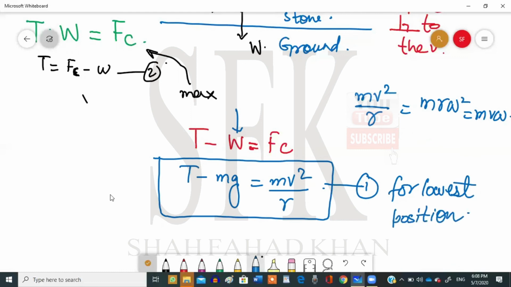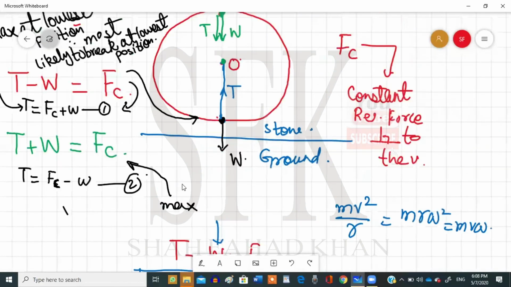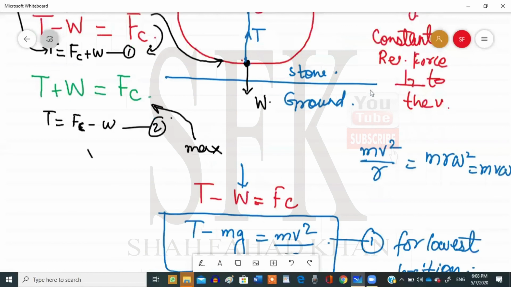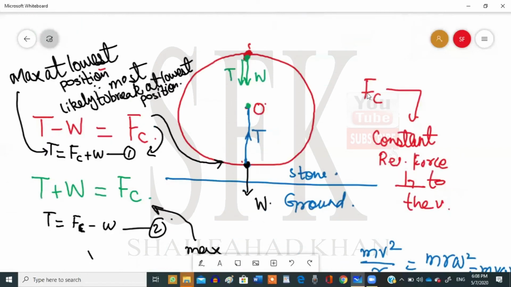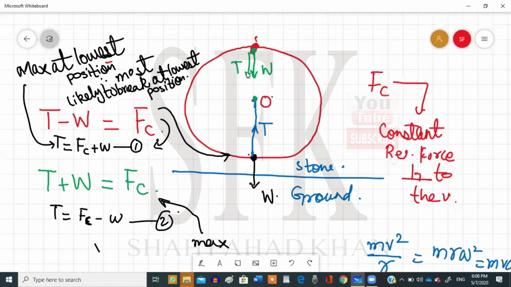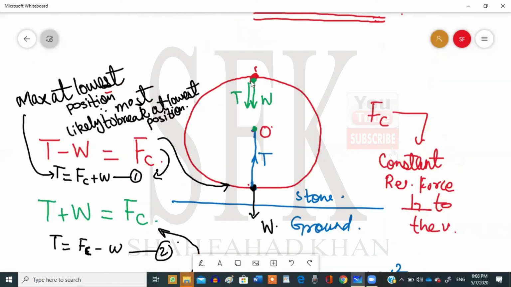Guys, remember, for an object moving in a vertical circle, the magnitude of the centripetal force keeps on changing. At the least position, the magnitude of the centripetal force becomes minimum, and the value of the centripetal force at the maximum position becomes maximum.